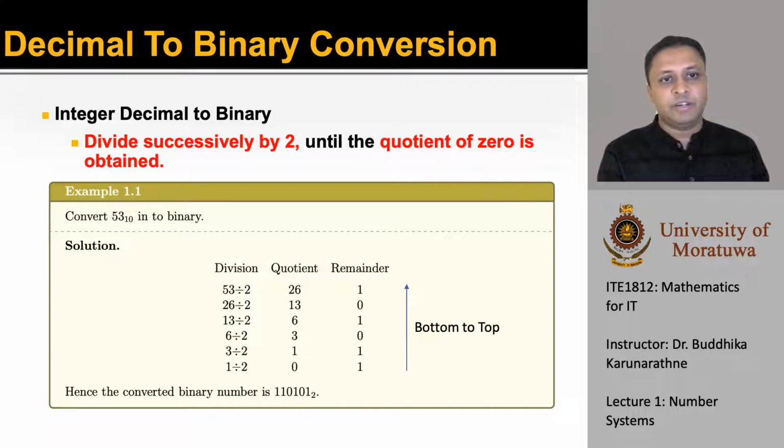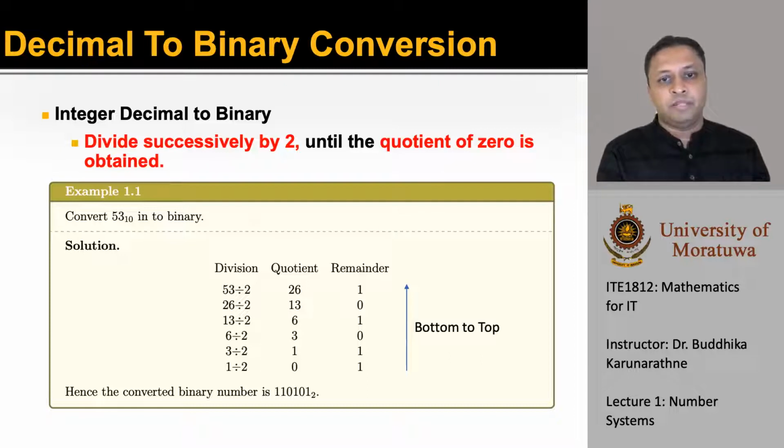In this example, we try to convert the number 53 in decimal format to binary. We first divide 53 by 2. We get the quotient to be 26, remainder is 1, and we keep on doing it until the quotient is 0. We write down the remainder for every step.